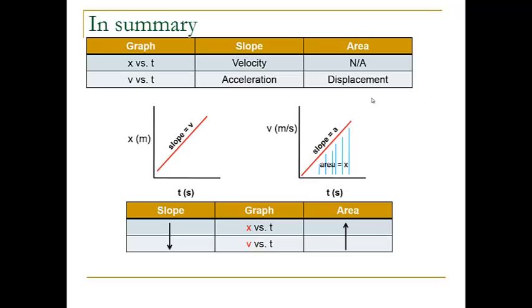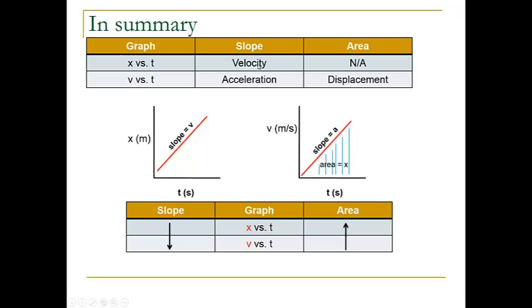All right, in summary, this slide, you want to make sure you write this down. It's an easy way to help you go from one type of graph to the other. So if you have a position versus time graph, a distance versus time graph, if you take the slope of it, that's going to give you your velocity.